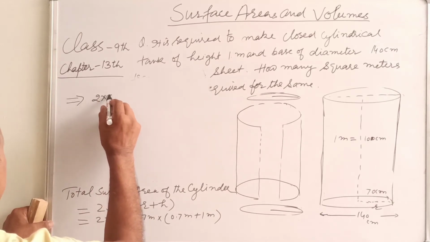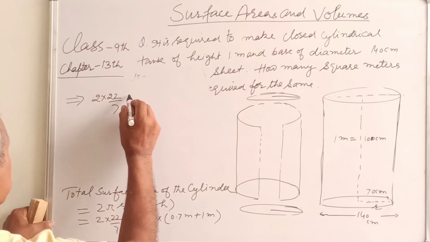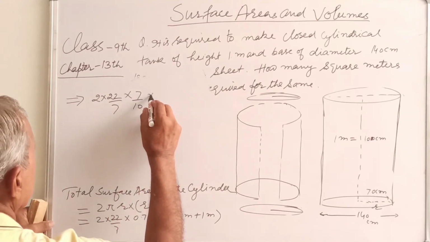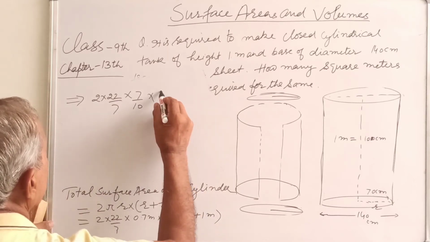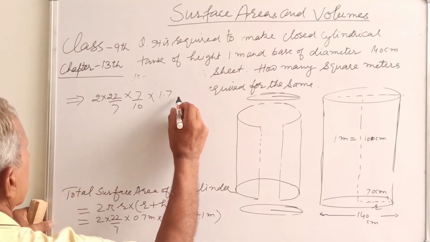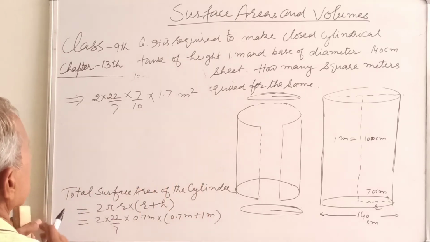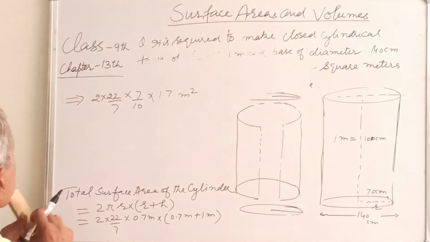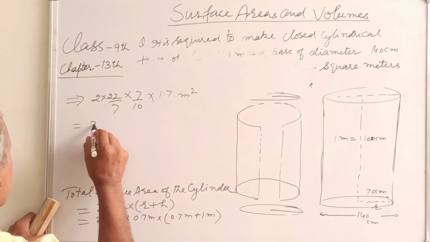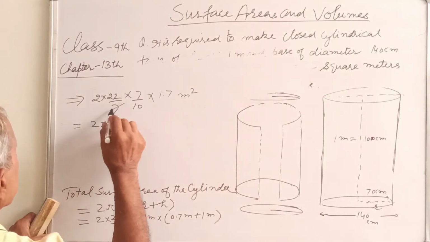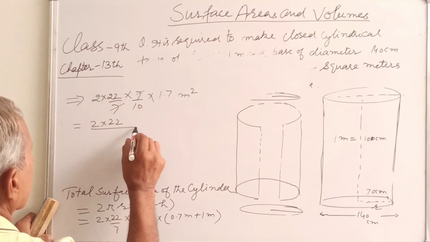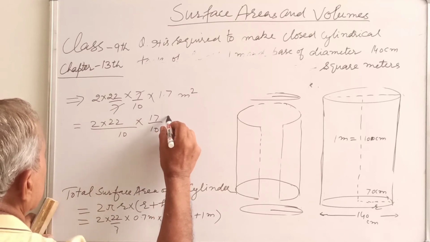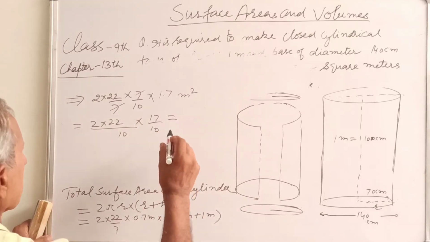Two into 22 upon 7, 7 upon 10, multiply by 1.7, that will be meter square. So 2 into 22 upon 10, 17 upon 10 meter square.